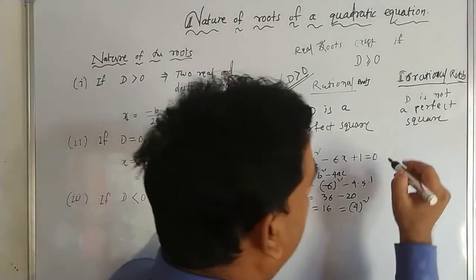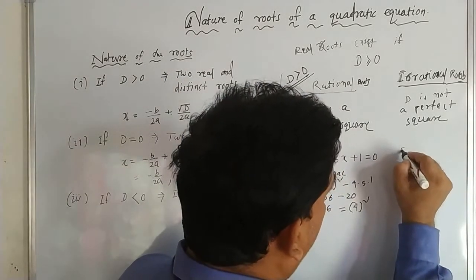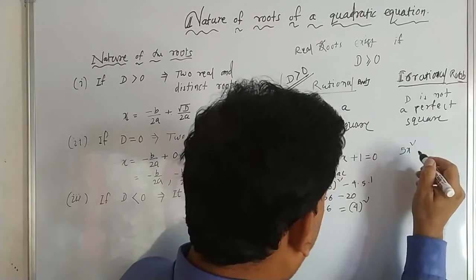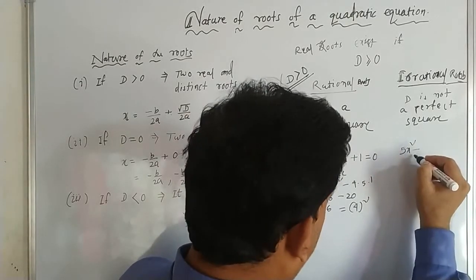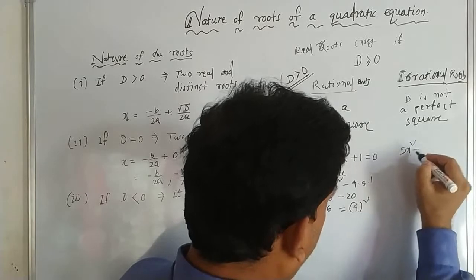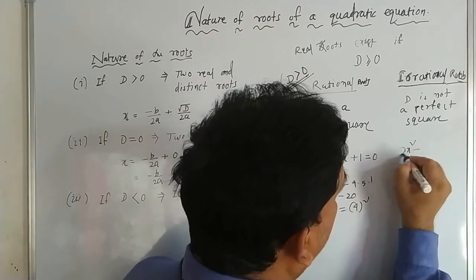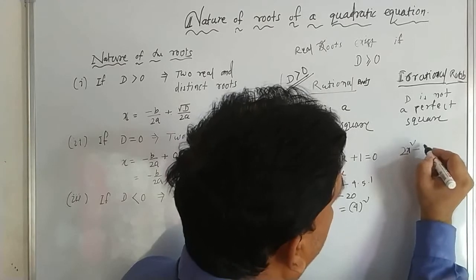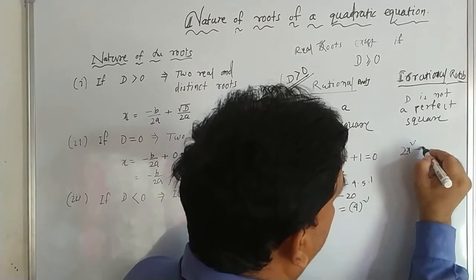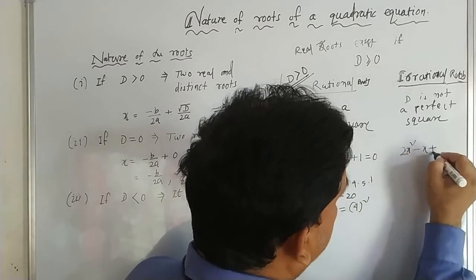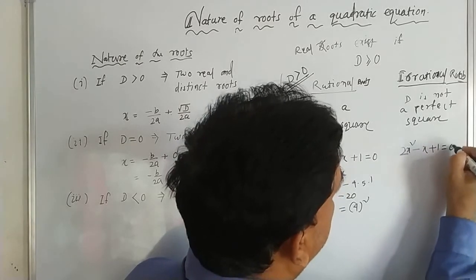For example, same thing, we will take 3x square minus 4x plus 1 is equal to 0.